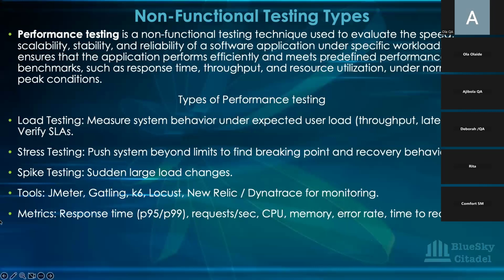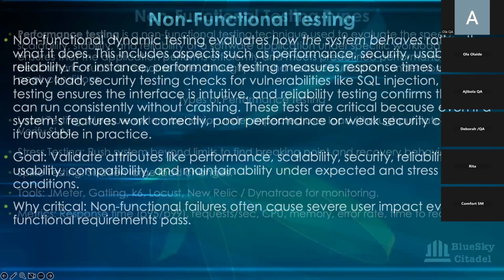And what tools do we use? The tools we use for performance testing are JMeter, Gatling, and others like New Relic. But the common ones are K6 and JMeter. JMeter is the old one, but if you look at the user interface of JMeter, you will run back to K6. Well, JMeter is very, very popular.